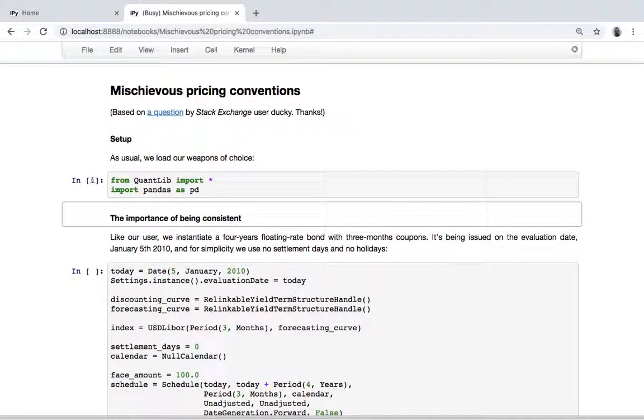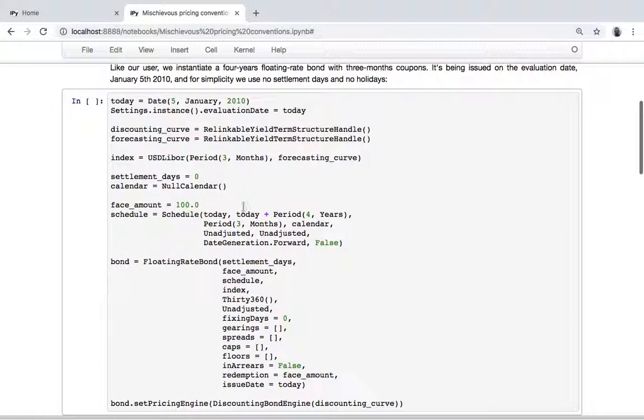The problem was the user had been trying to reproduce what I think was a textbook example. A 4 years floating rate bond, 3 months coupon, and according to the textbook, this should be at par, for a reason you all know.